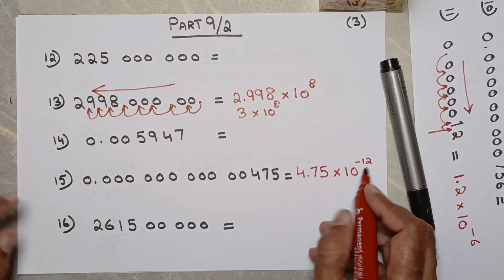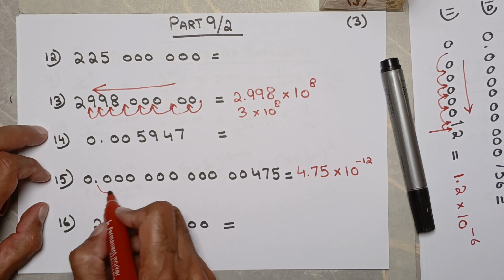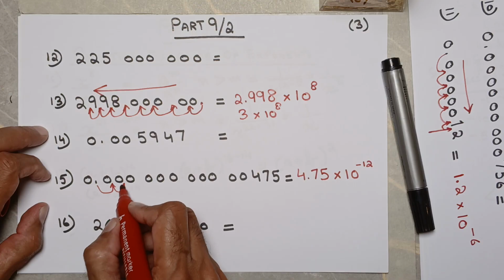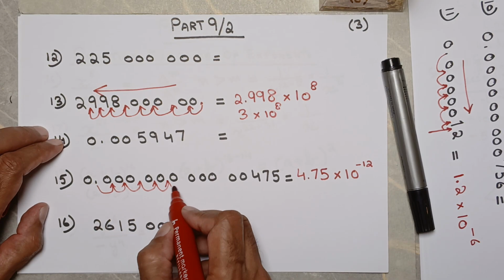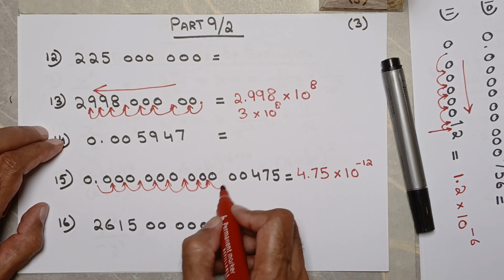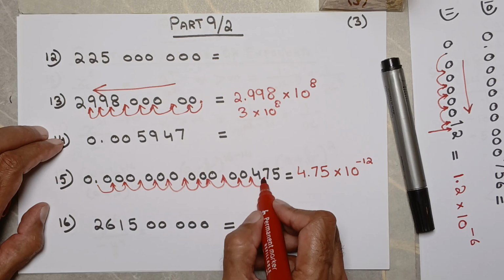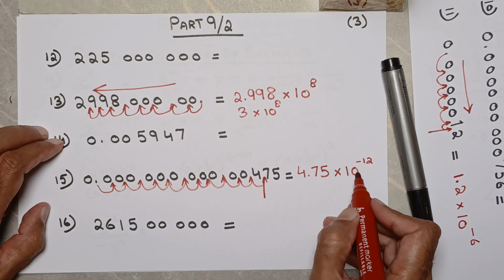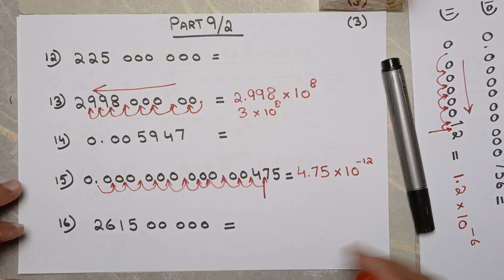Now I am going to check whether I am right in writing this 12 or not. Okay. My first place, second, third, fourth, fifth, sixth, seventh, eighth, 9th, 10th, 11th, and 12th, my final part. So I'm right in writing 10 raised to the power minus 12 over here.